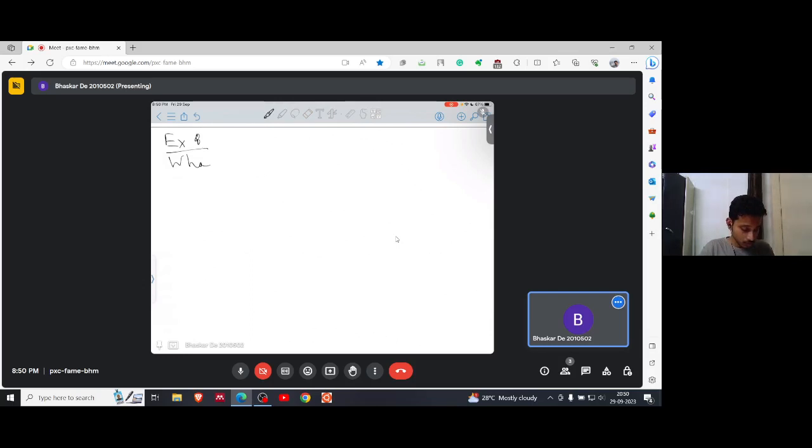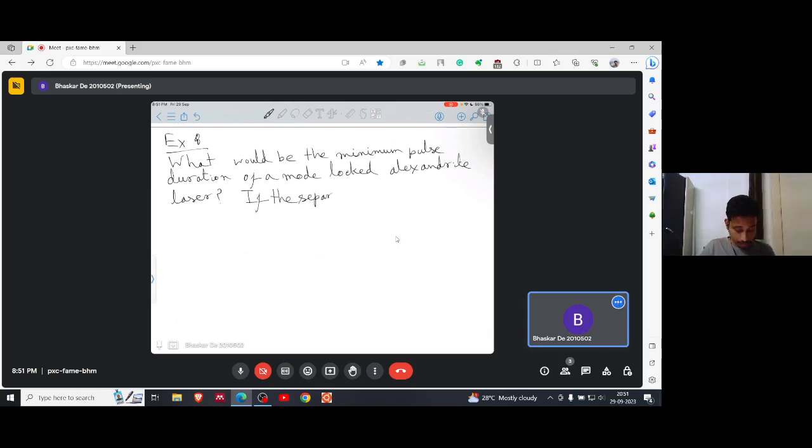So what would be the minimum pulse duration of a mode locked Alexandrite laser, if the separation between mirrors is 2 meter and the rod is 0.1 meter long?